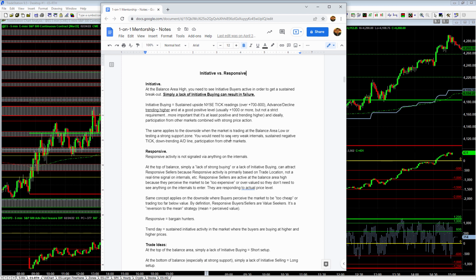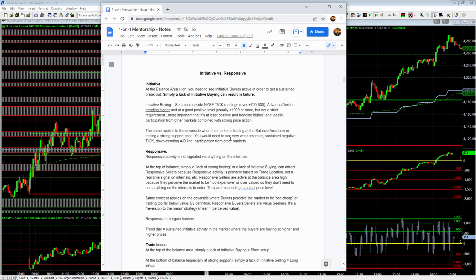So this is really the idea that you've probably heard me mention many times when the market is set to open either at the edge of a balance area or way above or way below a balance area.